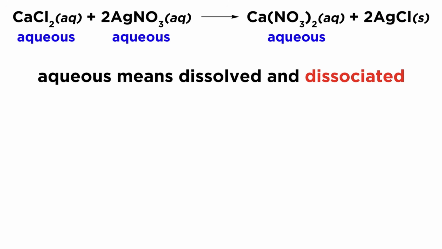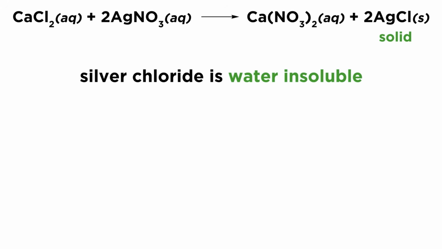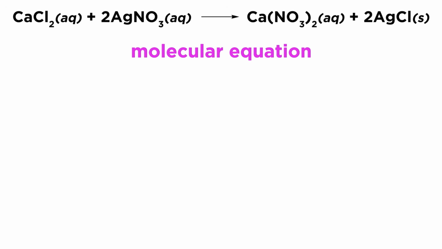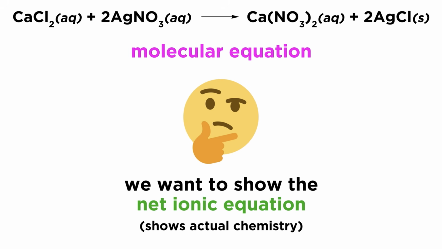Remember that the aqueous phase implies that the compound is dissociated in solution, while this solid is actually water insoluble. We can list the molecular equation as shown here, which shows the ionic substances, but in actuality most of these compounds are not intact, so we also want to be able to write the net ionic equation, which shows the actual chemistry occurring in solution.